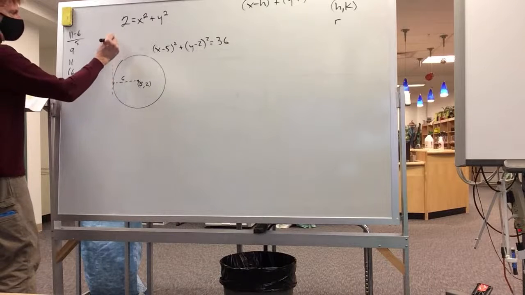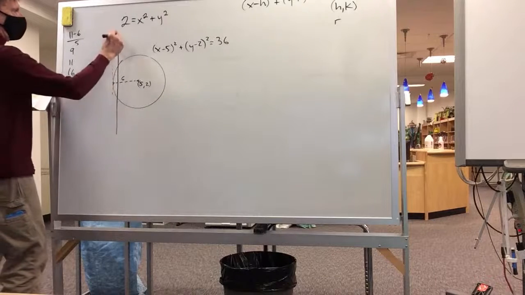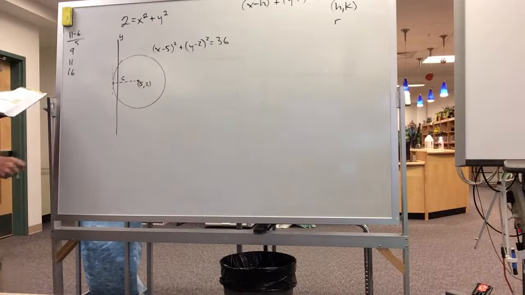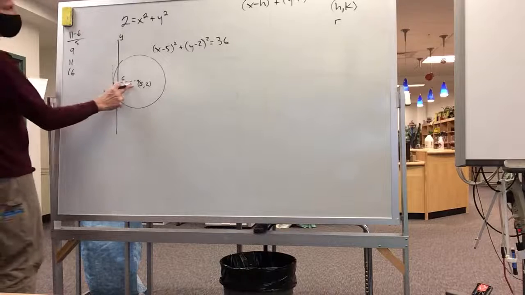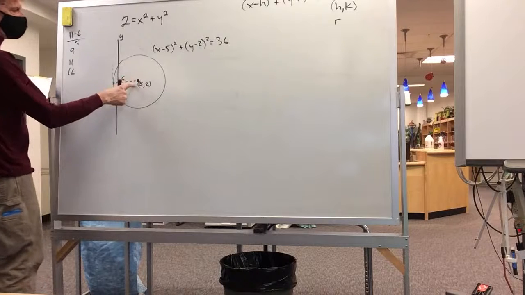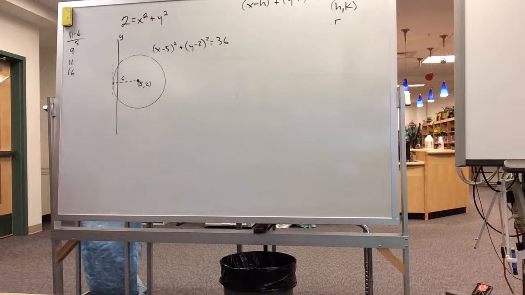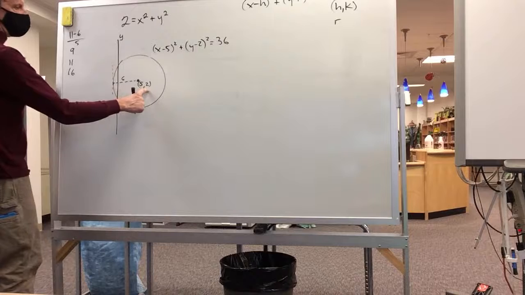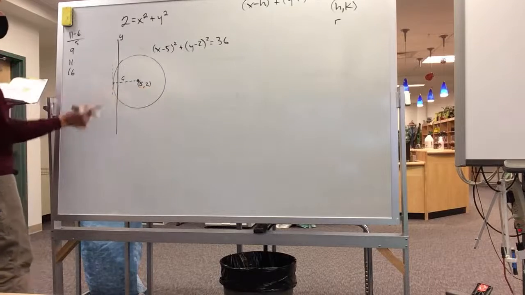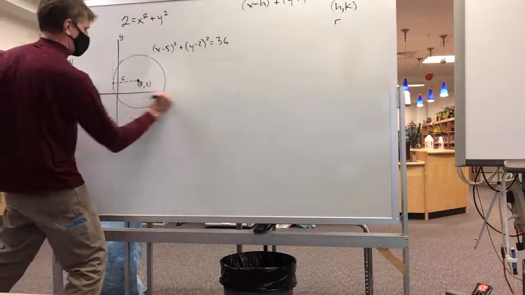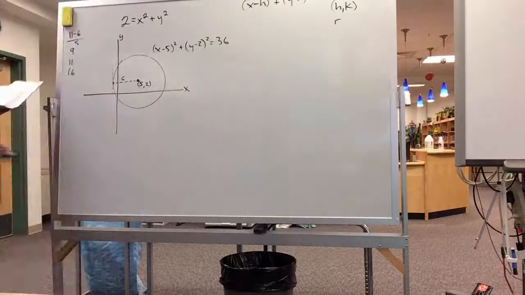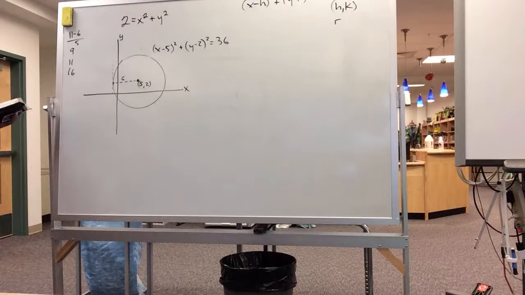So then the y-axis is something like this. And then the x-axis is located where? Above or below the center? This is 5 over and 2 up. So it's 2 above. So the circle is sort of like this.